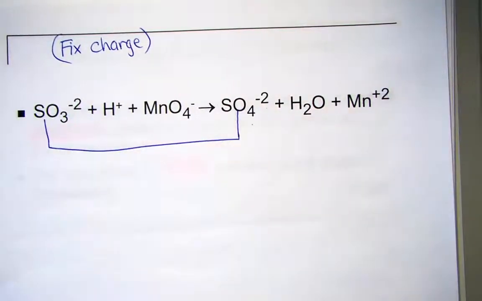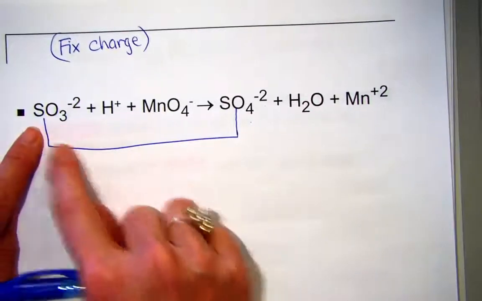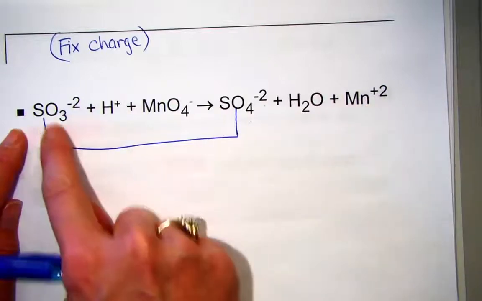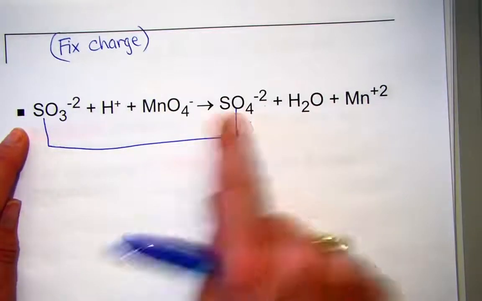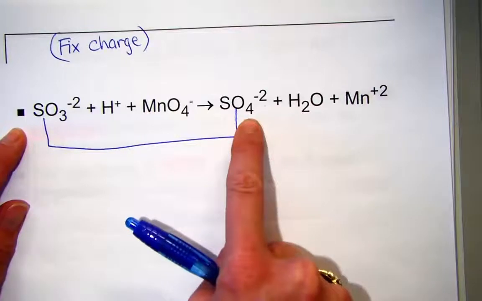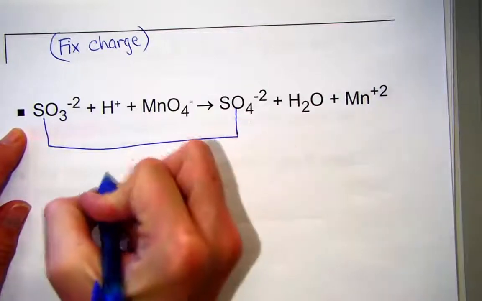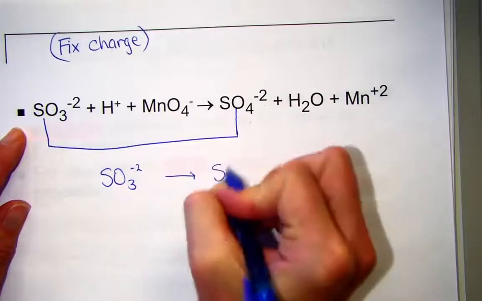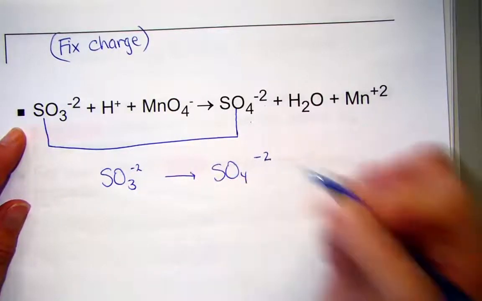If I'm going to create half reactions, I better place the same elements on 2 halves of the arrow, or it wouldn't make sense to balance. It wouldn't make sense to put sulfite with a manganese and try to balance. They're different elements. So when I begin to think about half reactions, I'm going to hook together like elements on the same side. Here's sulfite forming sulfate as my first half reaction.